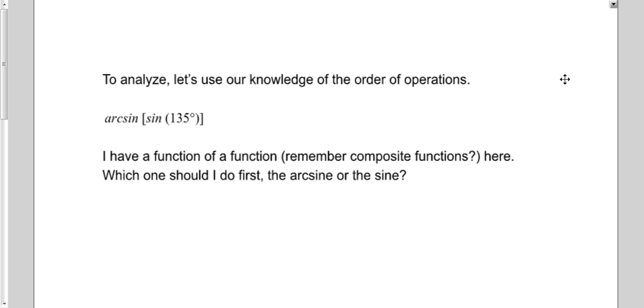What does arc sine work on? What's the domain of arc sine? I don't need the values of the domain. I just want to know what kind of numbers arc sine works on. It produces radians or degrees, but it doesn't work on radians or degrees.